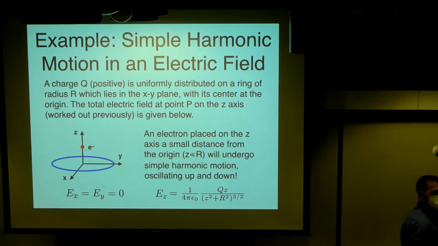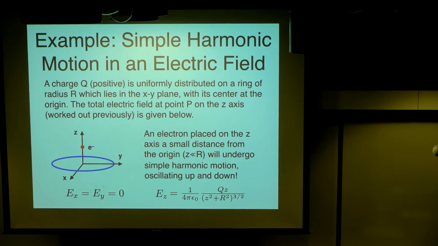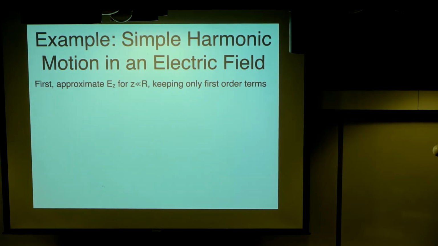So what we're going to do is work out in detail how we get that sort of oscillating motion out of this situation. Okay? So are we all cool with the setup here? Any questions so far? Okay, so the first thing I'm going to do is take that expression for the electric field, which again is something we derived last week by integration.